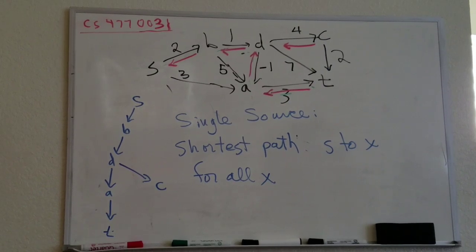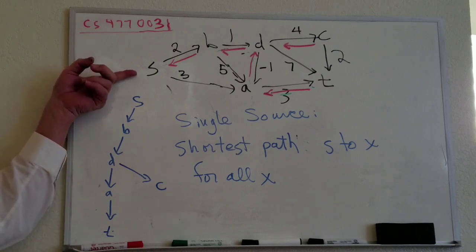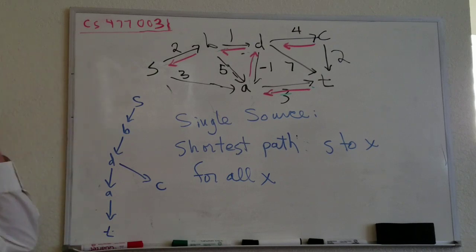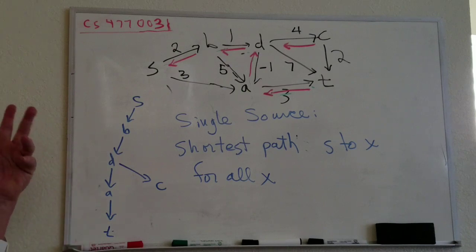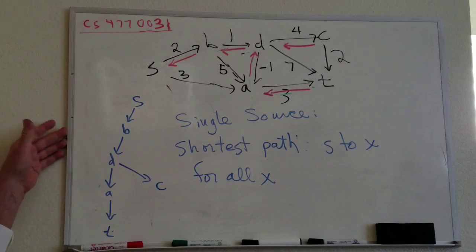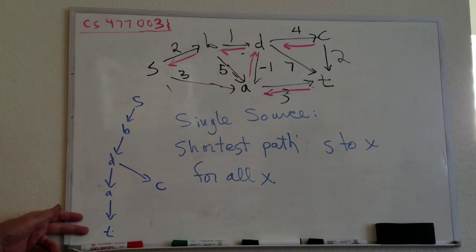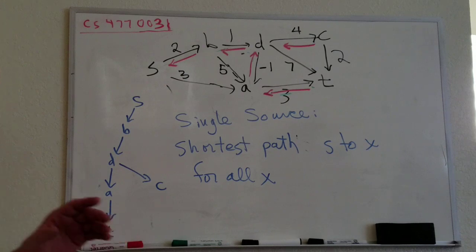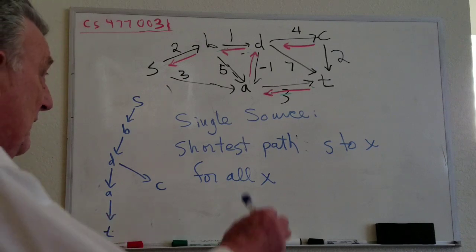Now the single source version of the shortest path problem is that you pick a source vertex, which we'll typically call S. And then the problem is to find the shortest path from S to every other vertex, which of course creates a tree structure that looks like this. But the way that this is stored in the computer is by using back pointers.